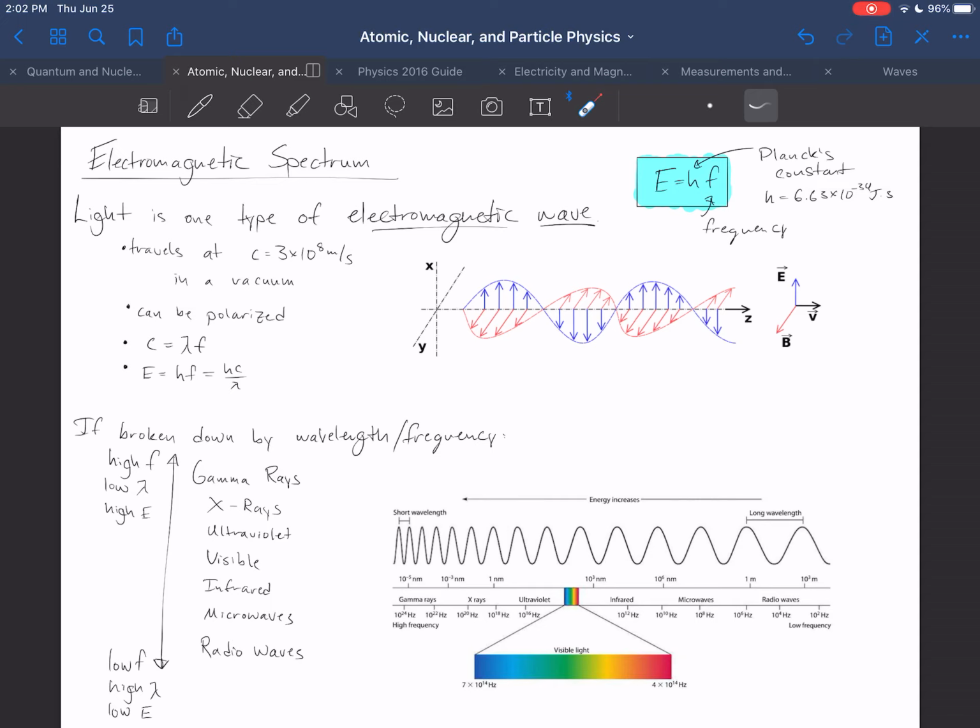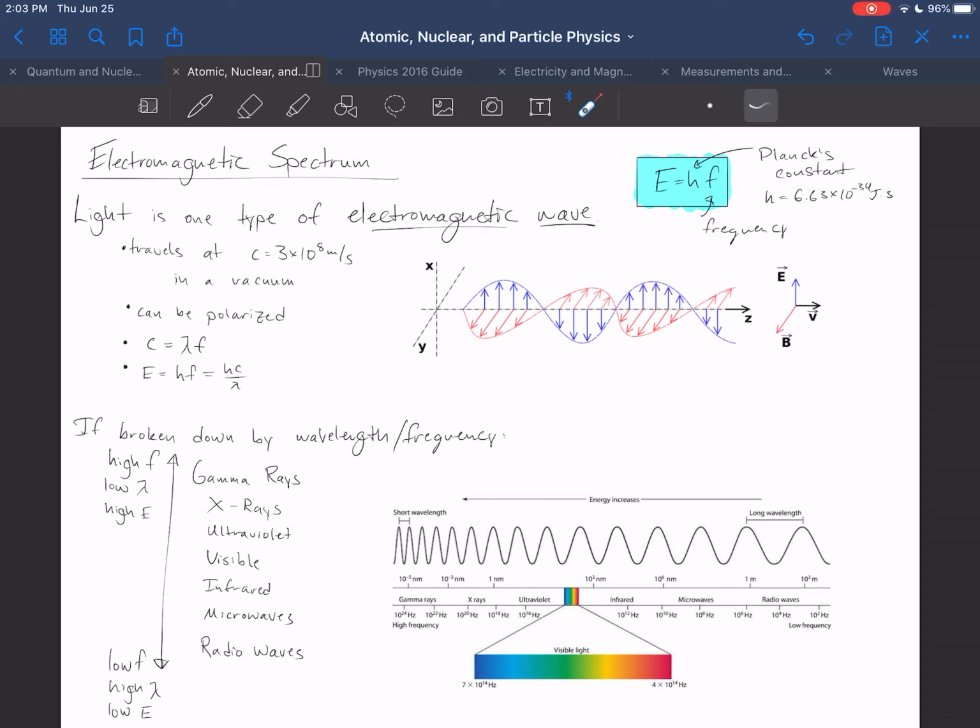Notice, because they all travel at the speed of light, if you know the frequency, then you can immediately calculate the wavelength. And with this additional relationship, E equals hf, we can also go from frequency or wavelength to energy. So we can break down all possible electromagnetic waves by wavelength or frequency, or for that matter, energy.